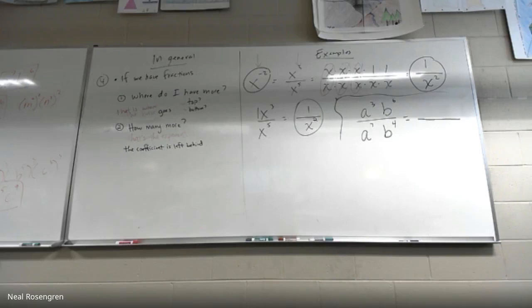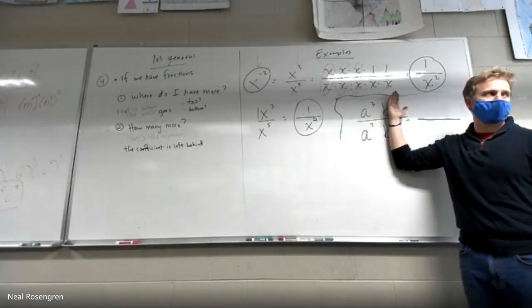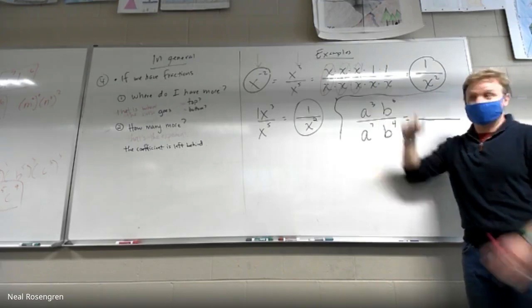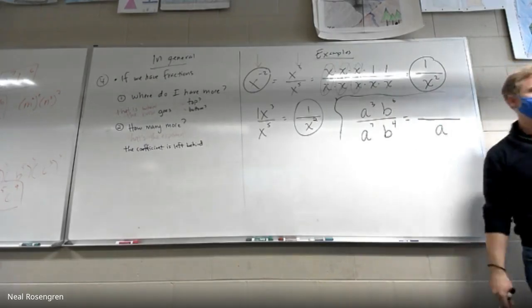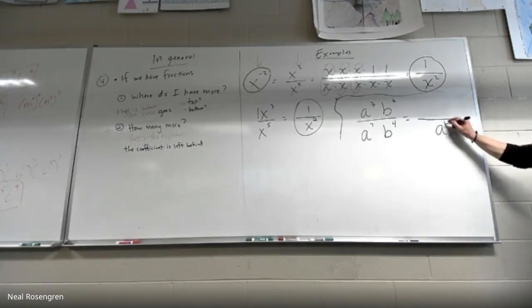A's with A's, B's with B's, C's with C's. But I don't really subtract these. I look at these A's and I say, okay, where do I have more? Top or bottom? Bottom. That's where it ends up. How many more? Here's my exponent. Here's the done.